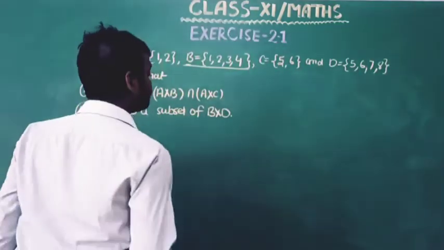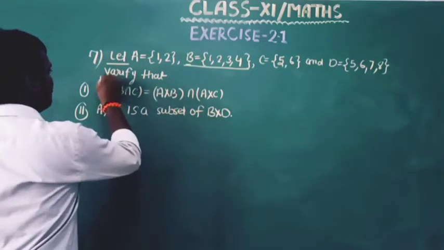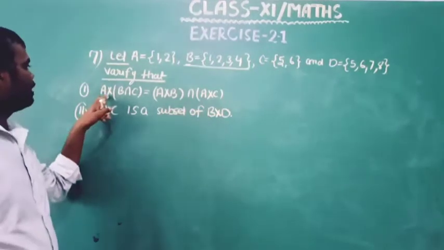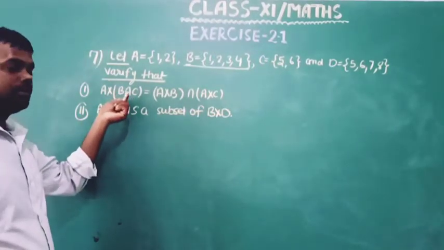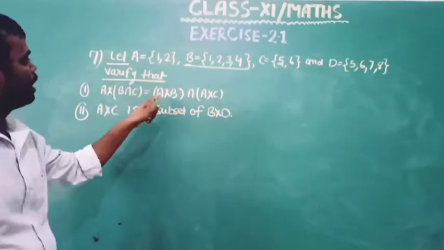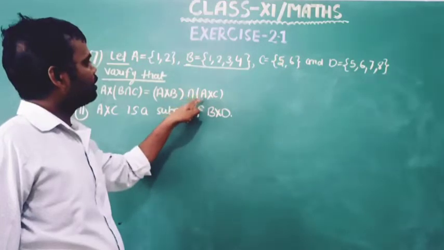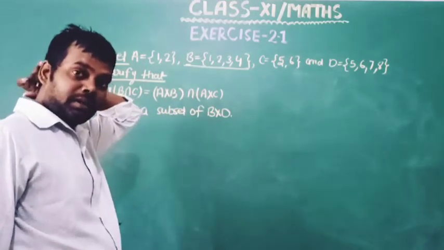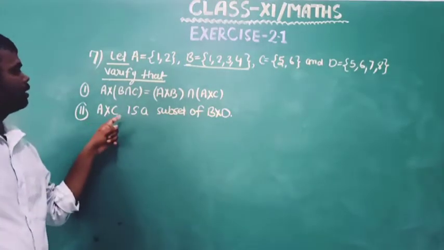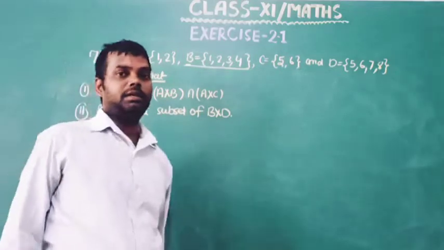We have to verify that A cross (B intersection C) equals (A cross B) intersection (A cross C), and second, we have to show that A cross C is a subset of B cross D.